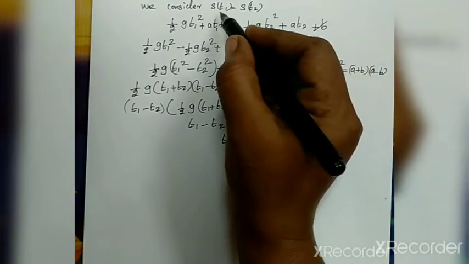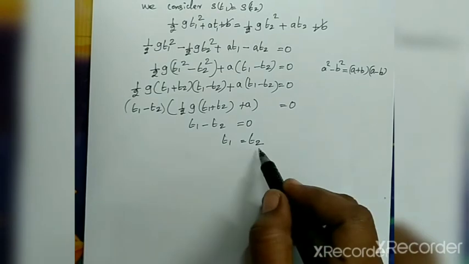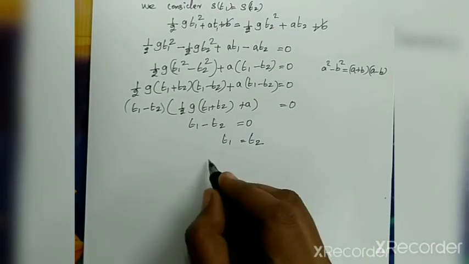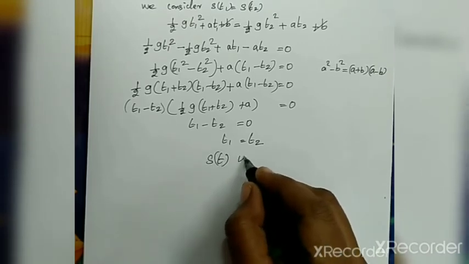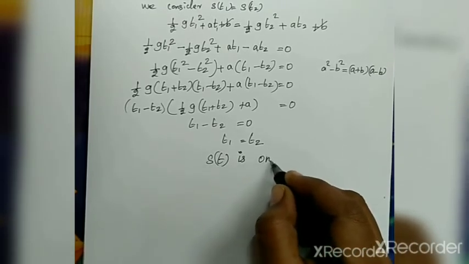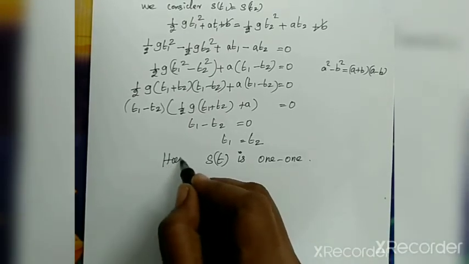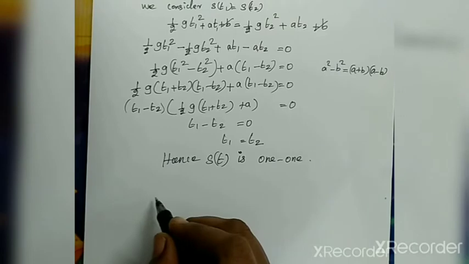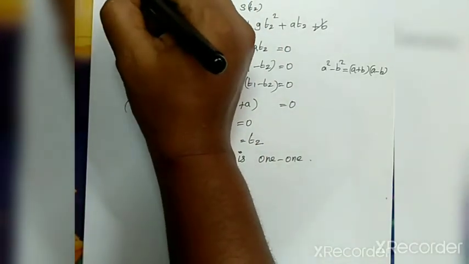So we have proven s of t1 equal to s of t2 implies t1 equal to t2. When it comes like this, we can get the conclusion that the function s of t is 1 to 1. Hence, do you understand? That's it. This will come under a 5-mark question.